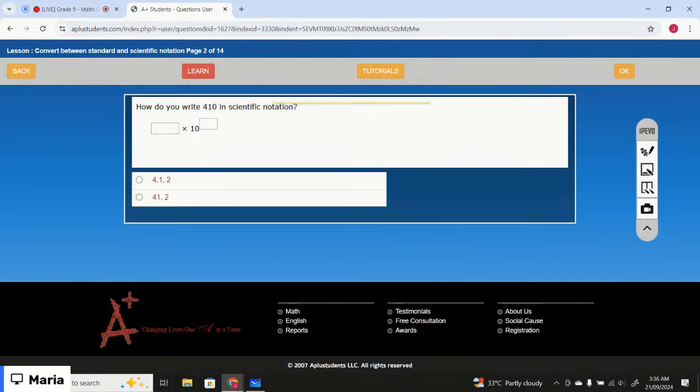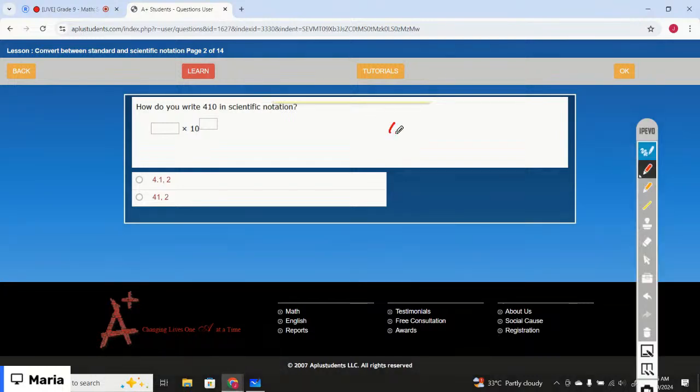How do you write 410 in scientific notation? Now you need to write 410 in scientific notation, right? You just look at here. 410, decimal point is over here. You need to move decimal places two places left. So you can move here, 4.1. You move two places left, so that is 10 exponent 2.